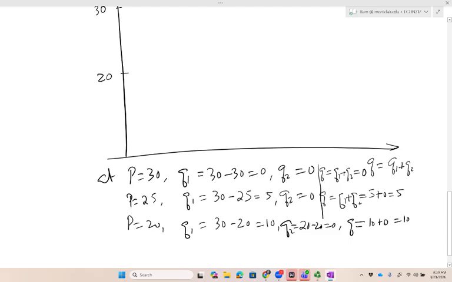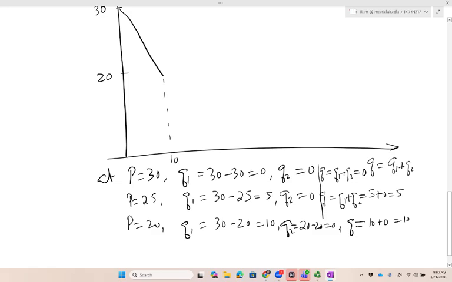In that sense, when price is between $20 and $30, only buyer 1 is being served. And at price equal to 20, buyer 1 ends up buying 10 units. So that's what I want to show here.